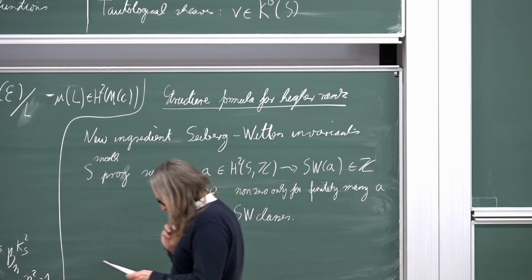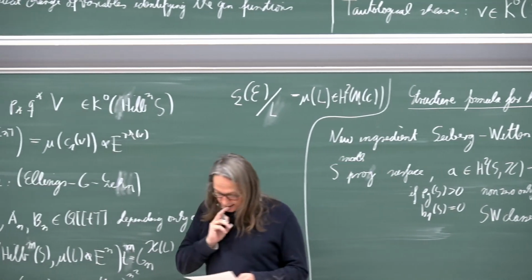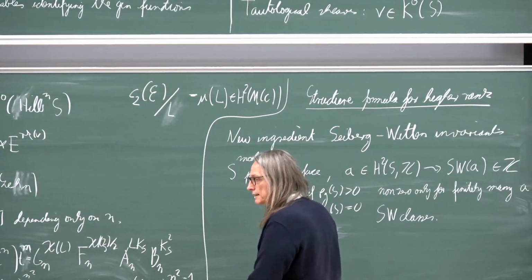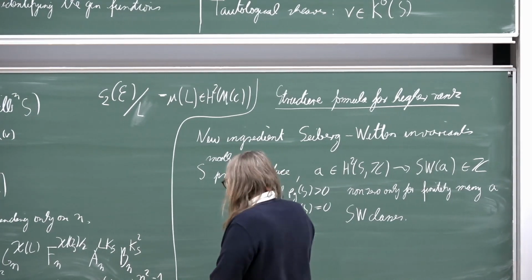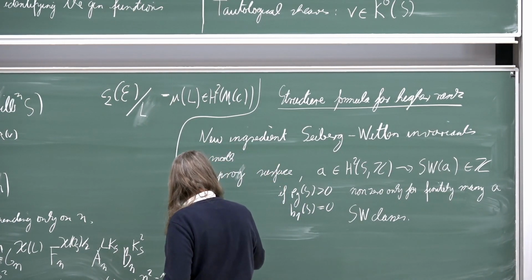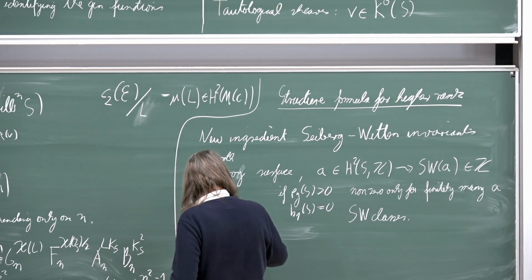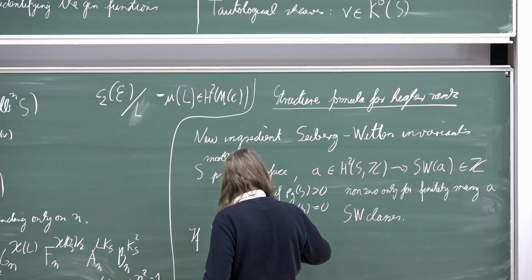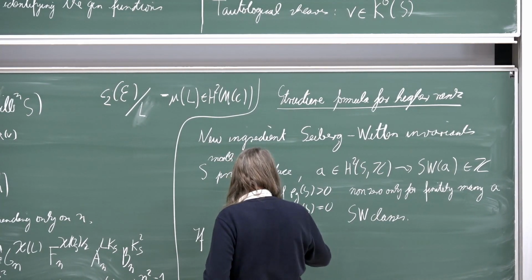And it's particularly simple if, for instance, the canonical linear system contains a smooth connected curve.